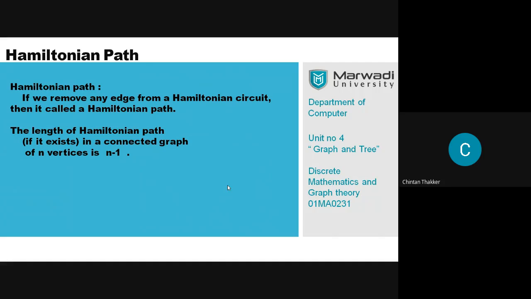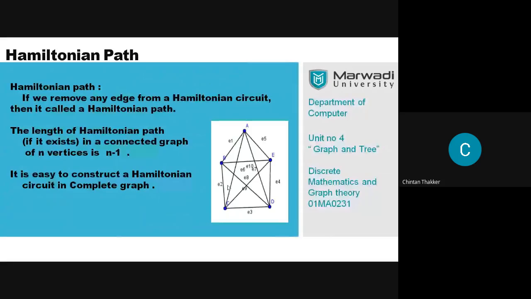That path is called Hamiltonian path. If we have n vertices, then the Hamiltonian path has length n minus 1, because the n vertices are connected by n minus 1 edges.